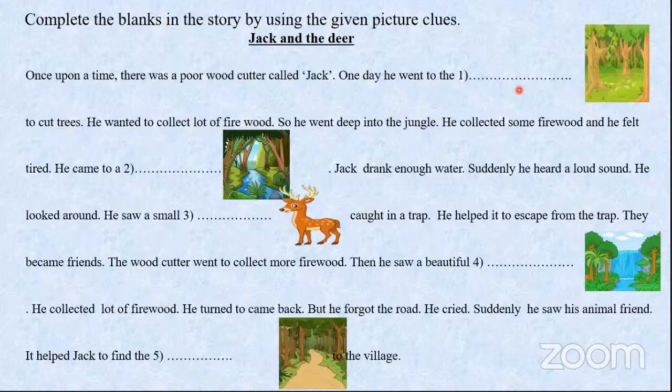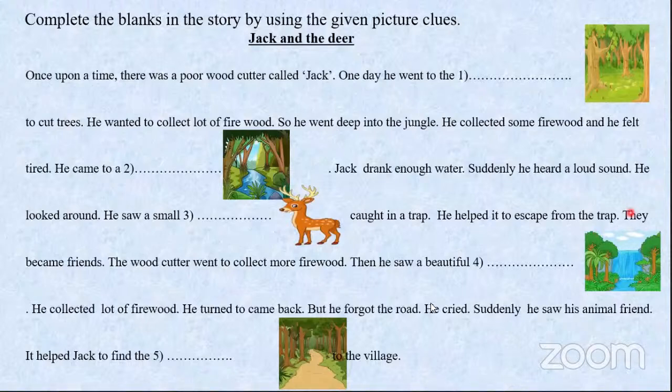That's a small story, and you have to use the pictures given close to the blank and write the correct word for the picture in the blank. While reading this story, write the word that matches the picture in the blank. The story is Jack and the deer, right?